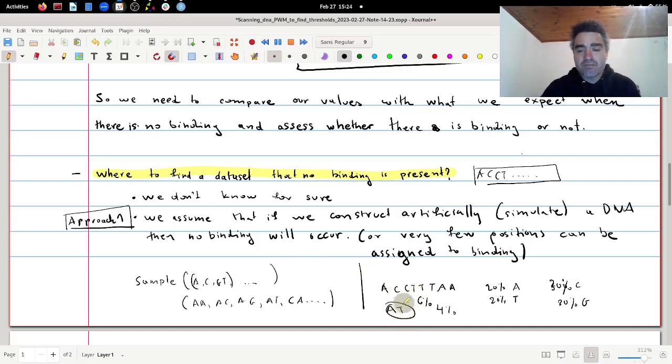If this is something that happens in real DNA, then if we construct an artificial DNA just by sampling A, C, G, T, then what we construct differs a lot from the real molecule because of these combinations of nucleotides.